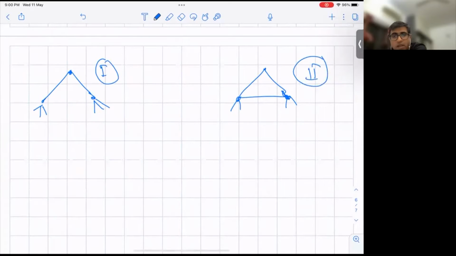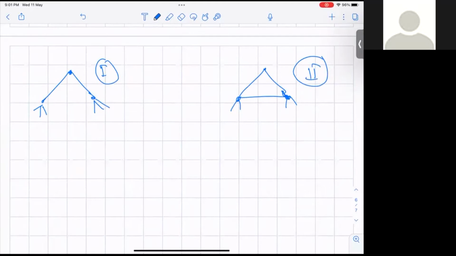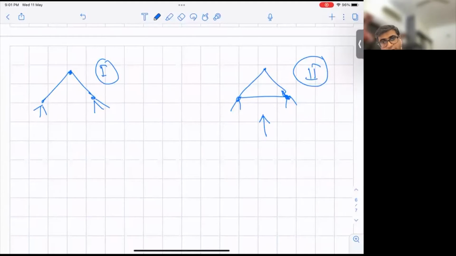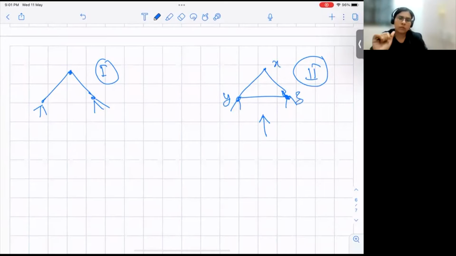This is one of the simplest examples of a surplus 1 independent set. Am I right? What was the reduction rule for this? If we had this degree 2 reduction rule, what did we do? We fold by Z.